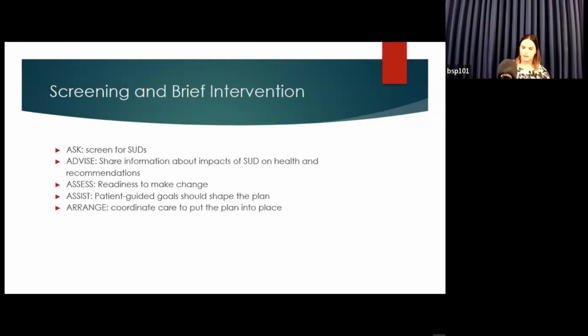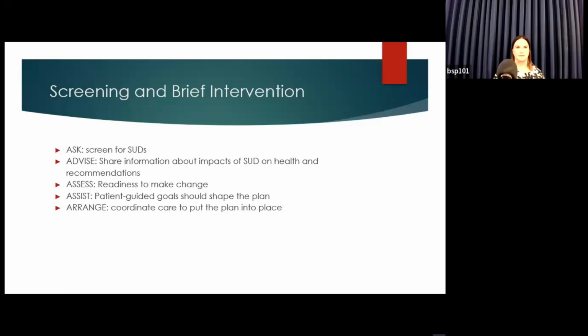So when it comes to screening and brief intervention, I think everyone's heard of SBIRT. It's this thing that you hear about all over the hospital. In substance use, I think it's not always done correctly, but it is evidence-based and has been shown to be helpful. So the different parts of it are to screen for substance use disorders, and we'll go over some evidence-based screening tools, sharing the information about the health impacts of the person's substance use and the recommendations, and then assessing the readiness for change.